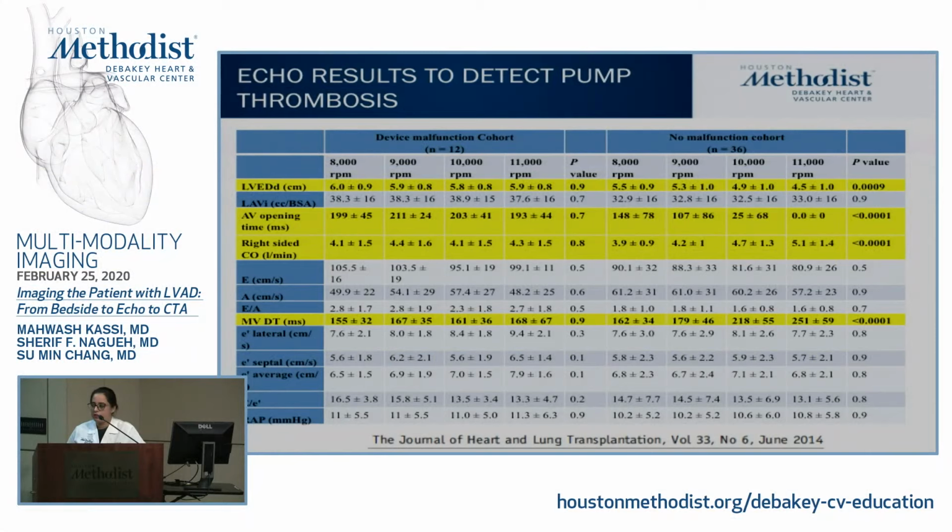But most recently, we as a group have shied away from doing a lot of these unless there is some real clinical dilemma where we can't figure out whether this is pump thrombosis or hemolysis from something else. I'll give an example. I had a patient with cholecystitis, and his LDH was rising, to 1,500. Now you can have a rise in LDH from the gut, from cholecystitis or anything else.